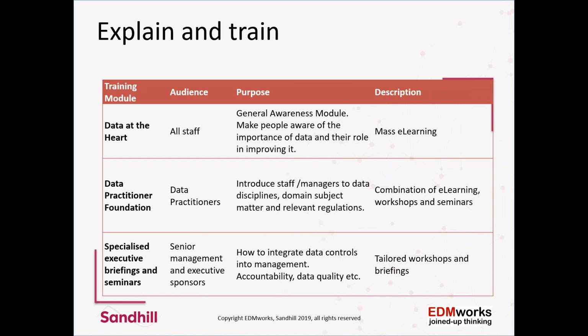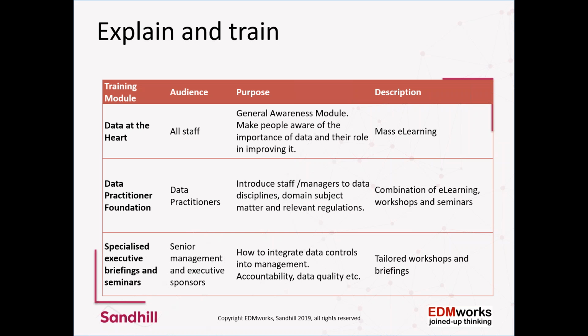So our typical training plans, again, go on this multi-tiered basis. We have things like data powering the organization or data at the heart, and those are probably 20-minute e-learning modules that everybody has to do. Just taking people through why we do it, what the benefits are, the benefits to the customer, the benefits to the bank, and what their role is, or why they need to find out more about their role and where they should go if they need additional information.